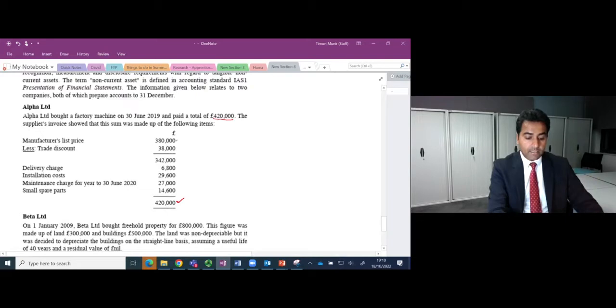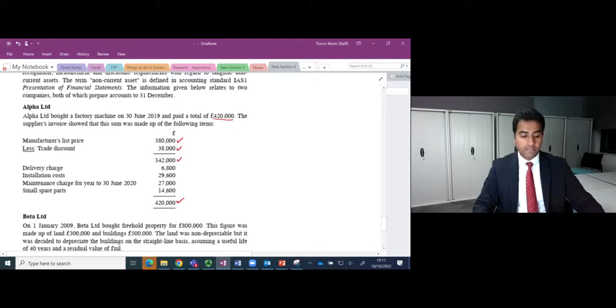So 380,000 is the list price of the factory machine. The trade discount needs to be subtracted because IAS 16 requires any trade discount to be subtracted. So 342 is the reduced price.